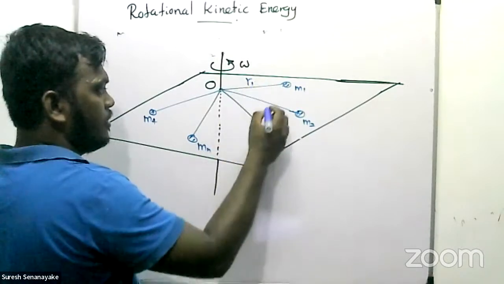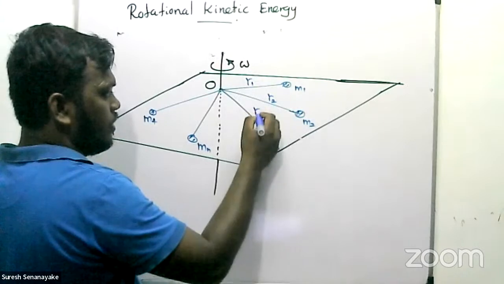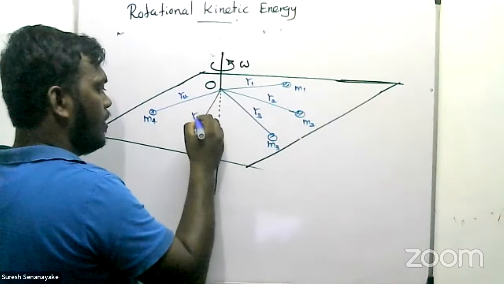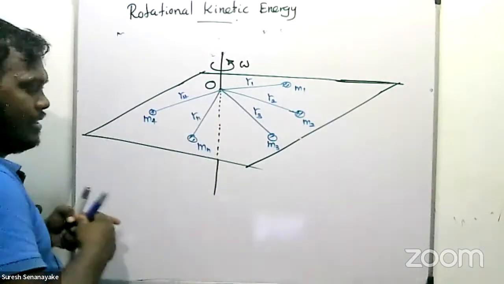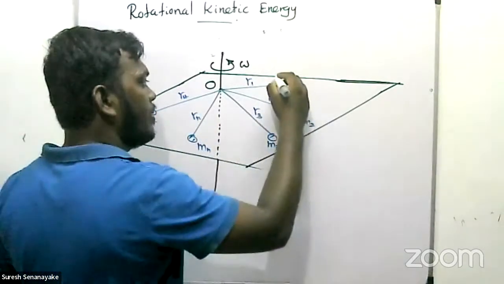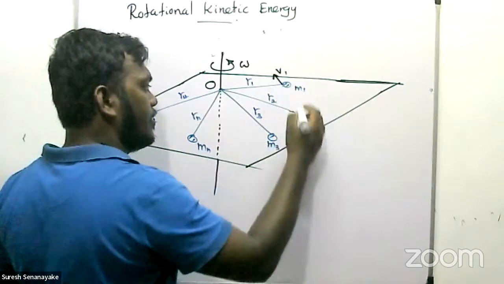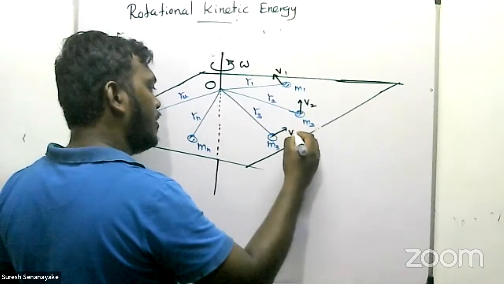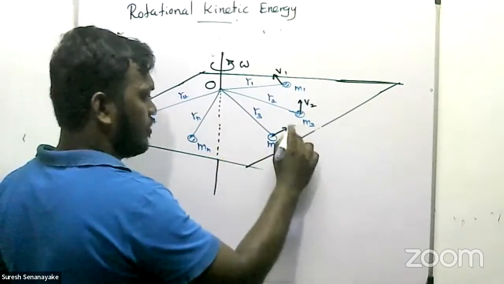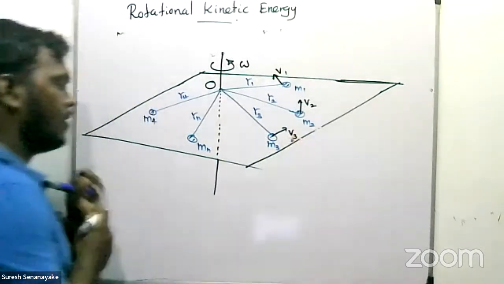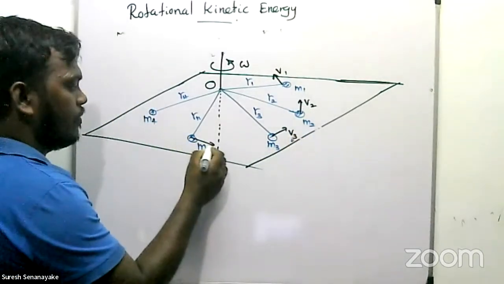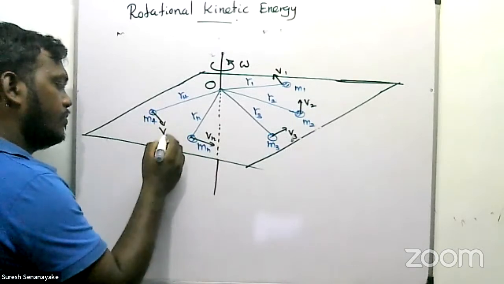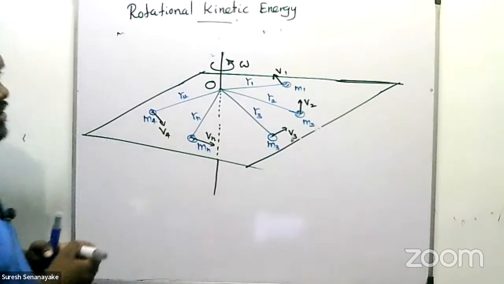This is r1, r2, r3, r4, and rn, with linear velocities v1 here, v2, v3, like this.